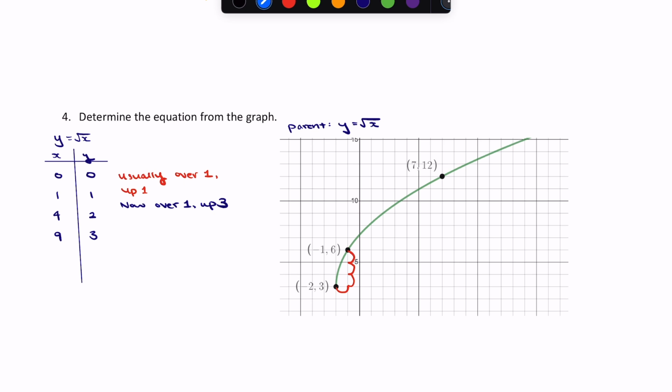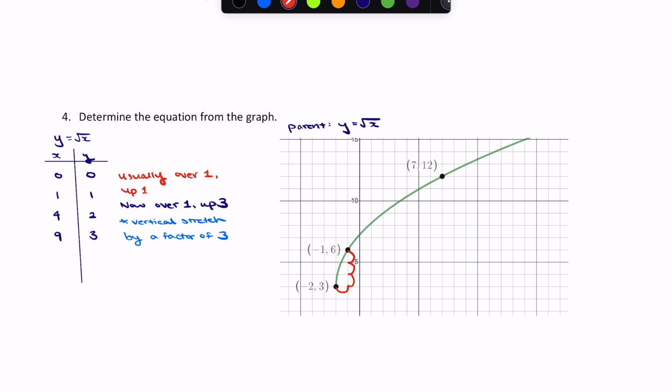That tells us that we have, again, a vertical stretch by a factor of 3. Okay, so we have vertical stretch by factor 3. Then we see here when it was at 4, it's at 2.